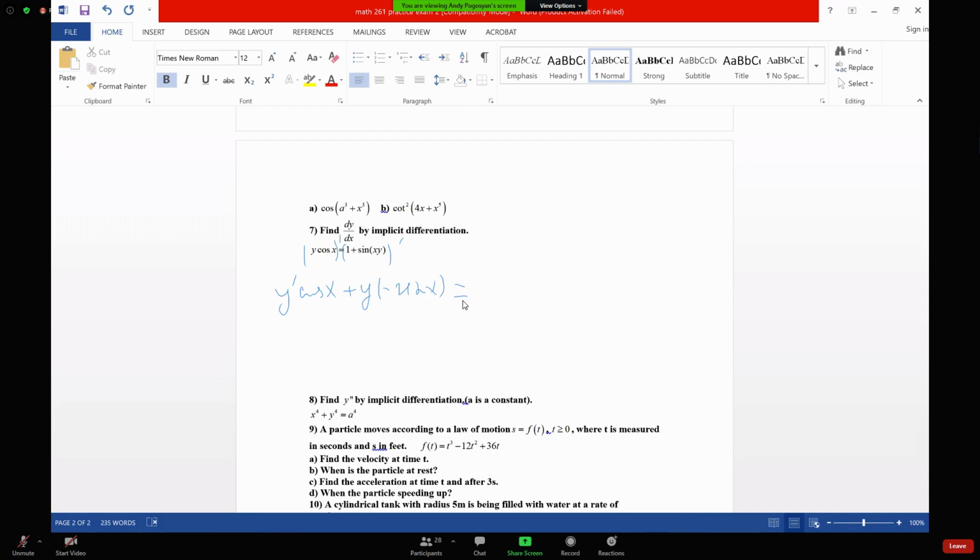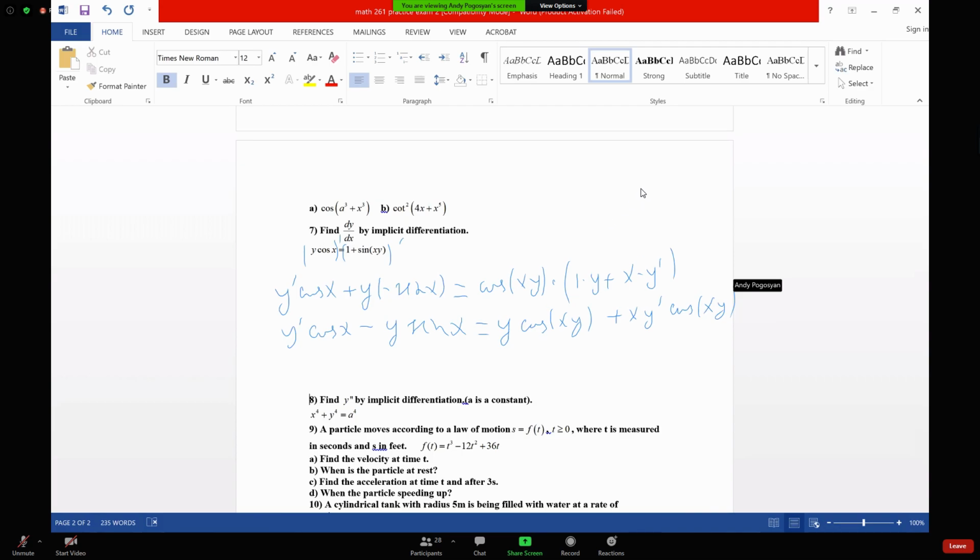The derivative of sine xy is cosine xy times the derivative of xy, which is 1 times y plus x times y prime. So we have y prime cosine x minus y times sine x equals y times cosine xy plus x y prime cosine xy.